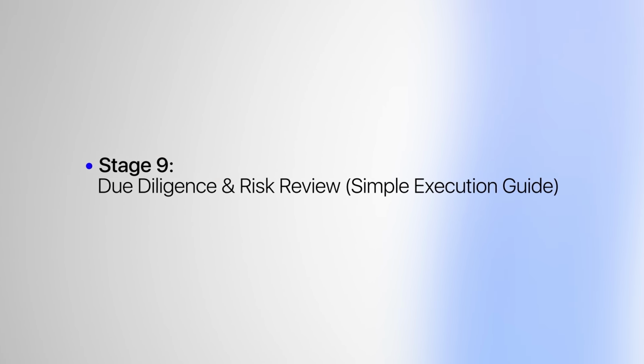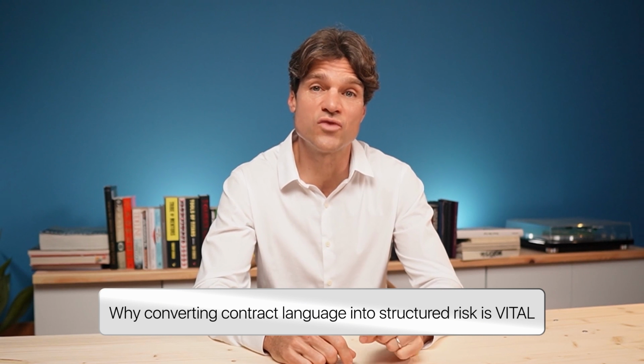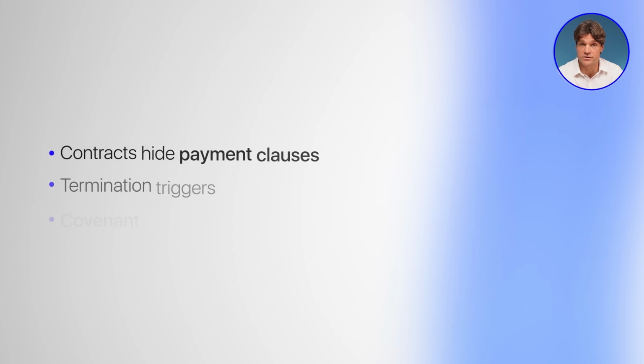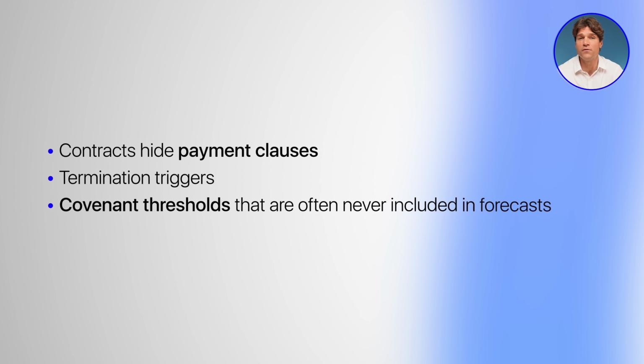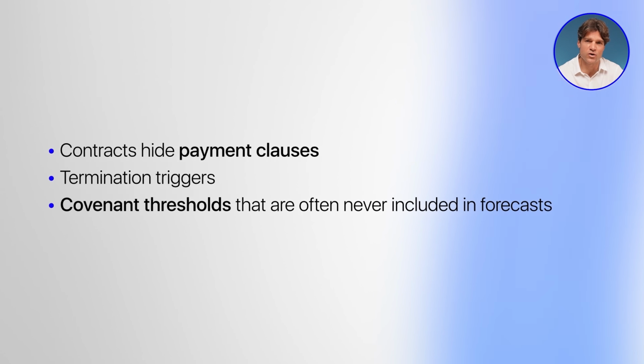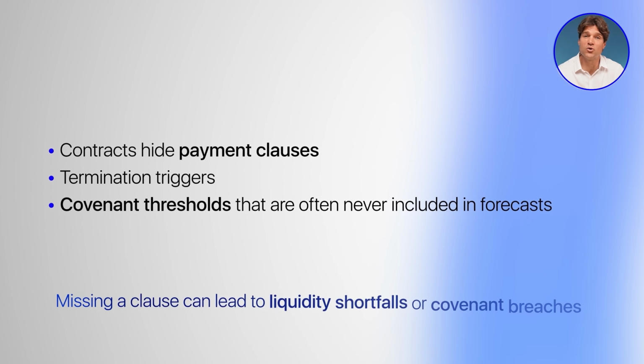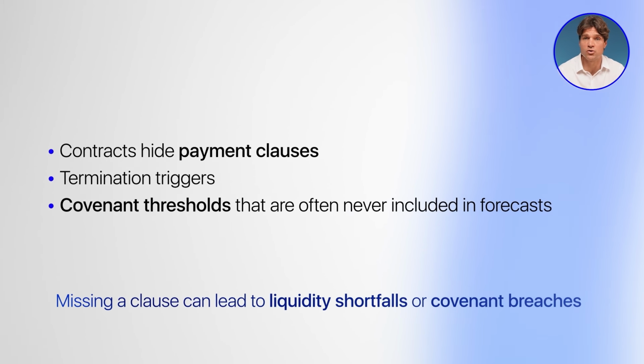Okay, so in stage 9, I'm going to explain to you why converting contract language into structured risk is vital. Now this is because contracts hide payment clauses, termination triggers, and covenant thresholds that are often never included in forecasts. Now missing a clause can lead to liquidity shortfalls or covenant breaches.